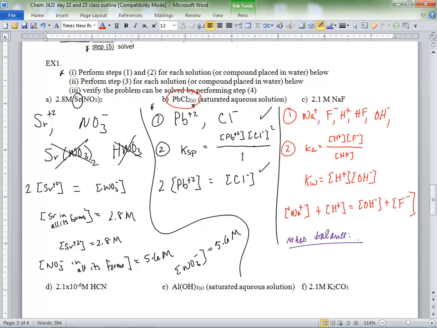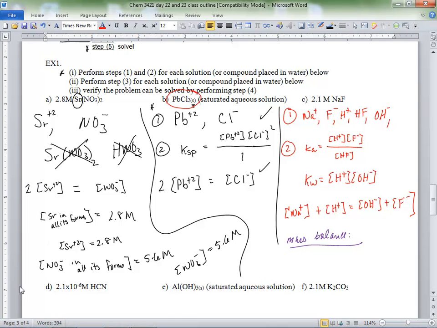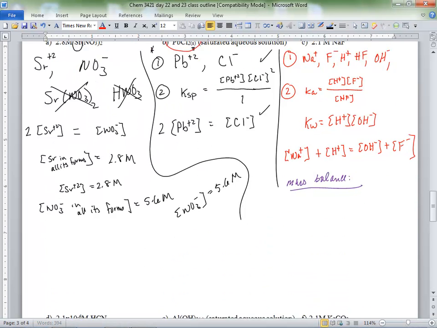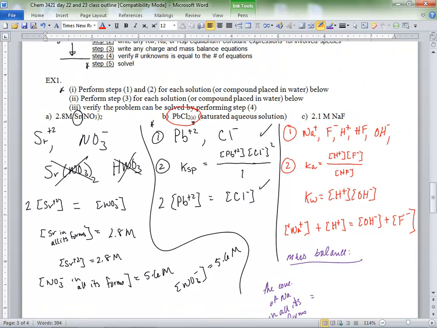The concentration. I'm going to make space just so you can see this here. The concentration of sodium in all its forms has to equal 2.1.